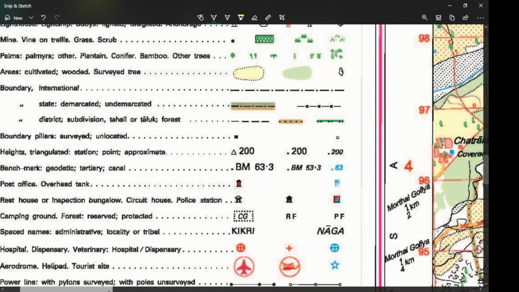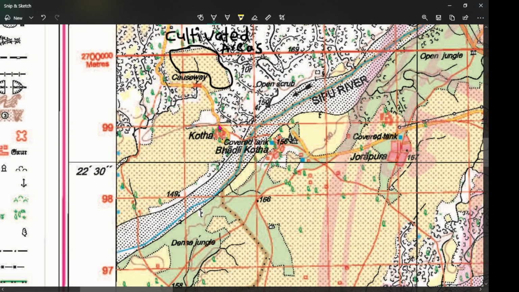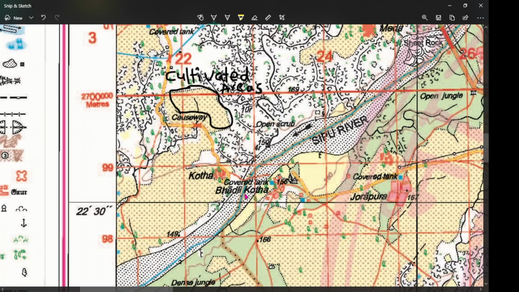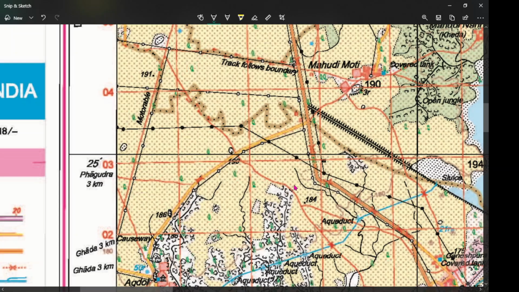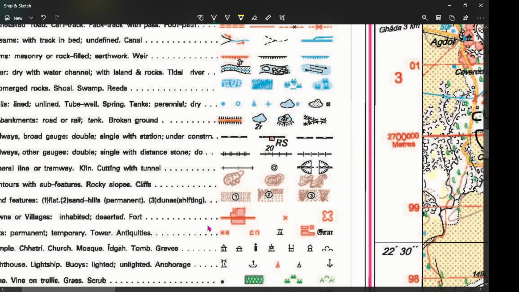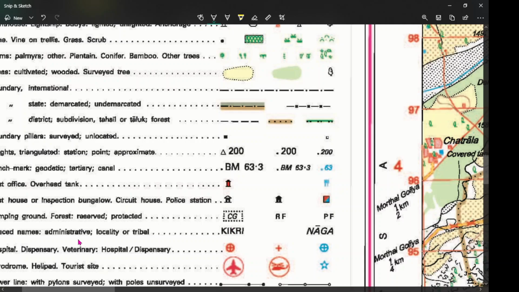some campsites. Perhaps these are campsites. Camping grounds.